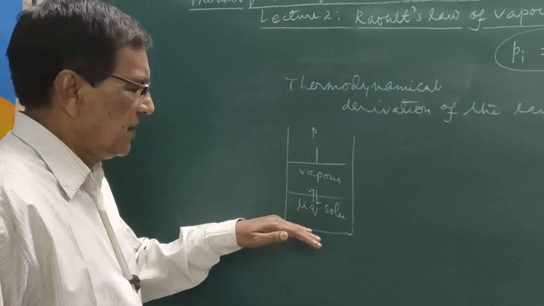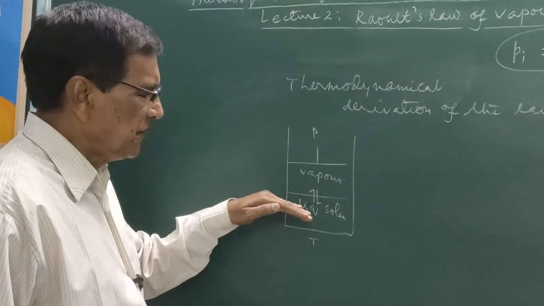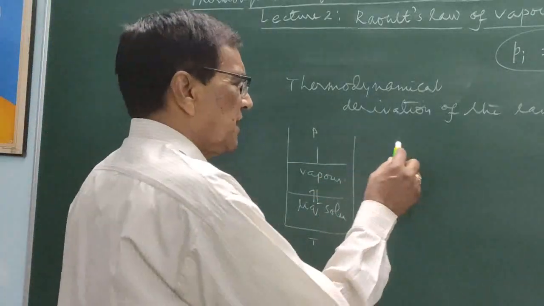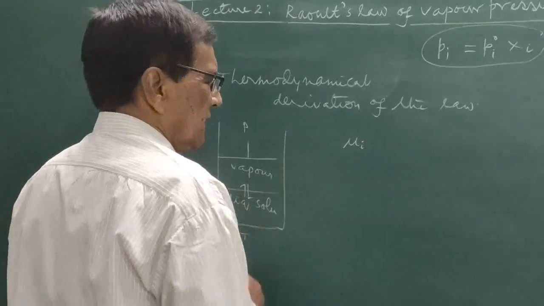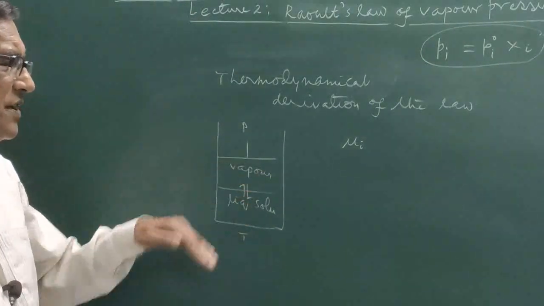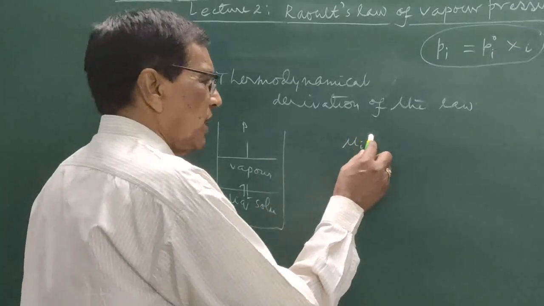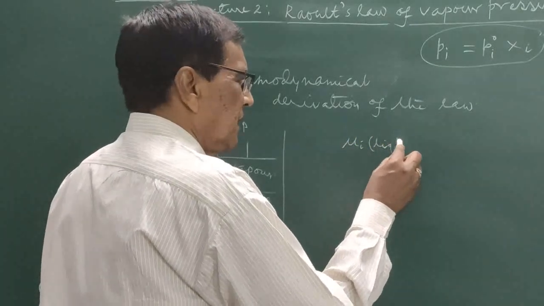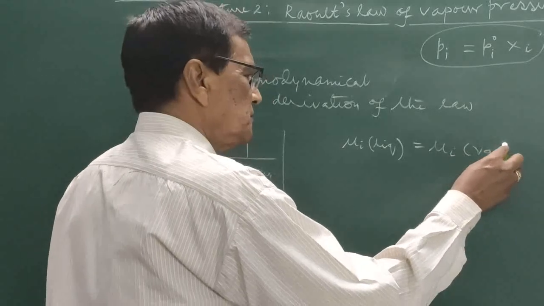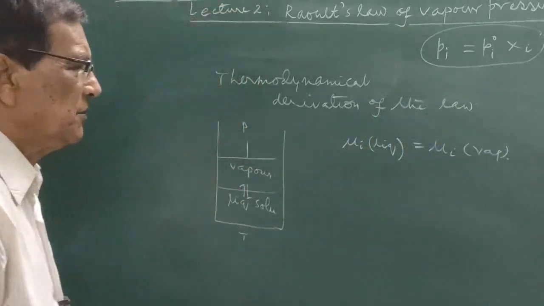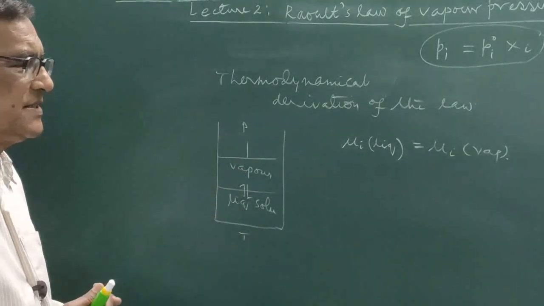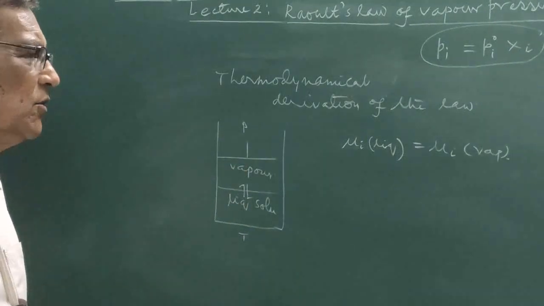Each component in the liquid phase remains in equilibrium with that component in the vapor phase. So we can write that the chemical potential mu i of that component in the two phases will be the same: mu i liquid is equal to mu i vapor, since the chemical potentials are the same for the two phases when they are in equilibrium.